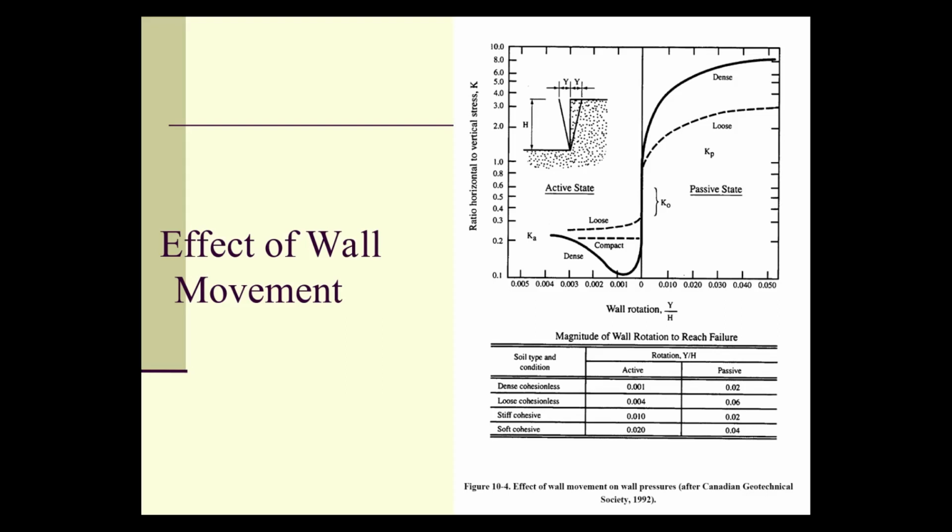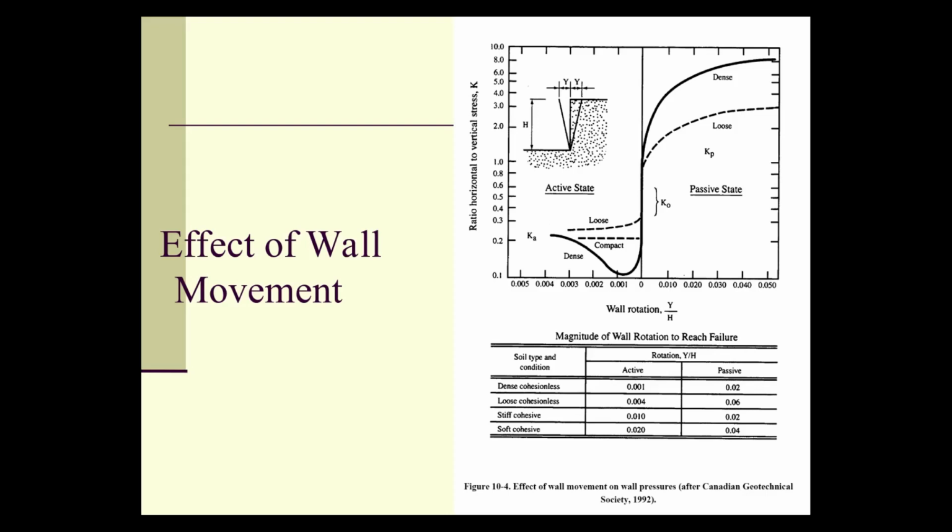That particular chart is based on a certain test. Those values can be different. But the relative state of difference, and we're going to see this in action shortly, is an active state. The state where the wall doesn't move at all, where y is basically 0, is the at-rest state, the K0.